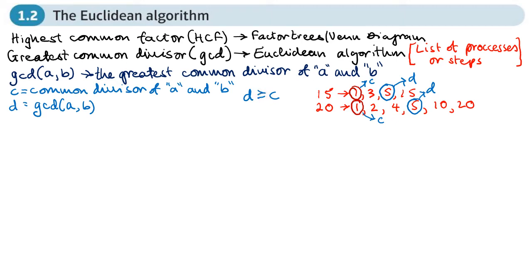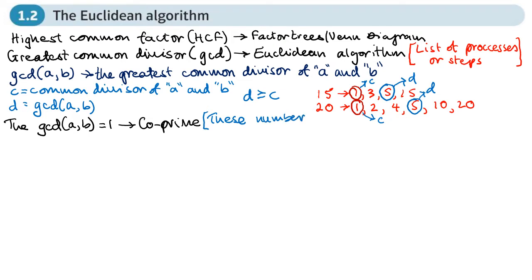One other fact here is that if, for example, the greatest common divisor of two numbers is equal to 1, we say that those two numbers are co-prime. In other words, these numbers only share 1 as a common factor or divisor.